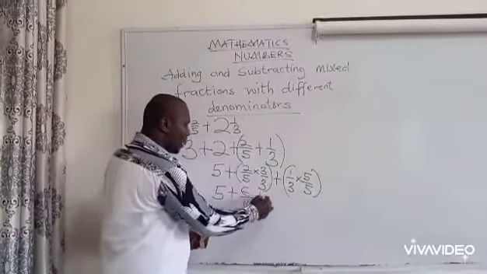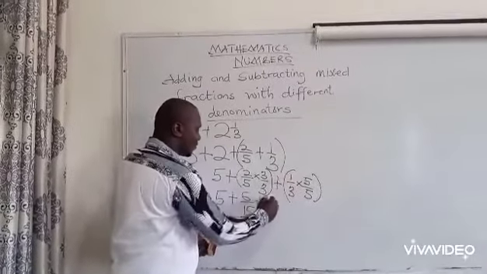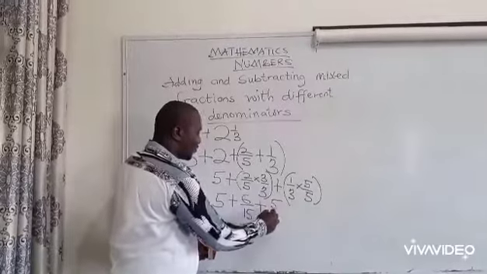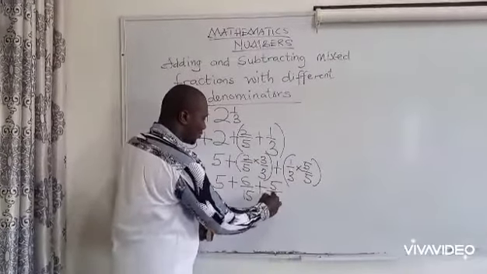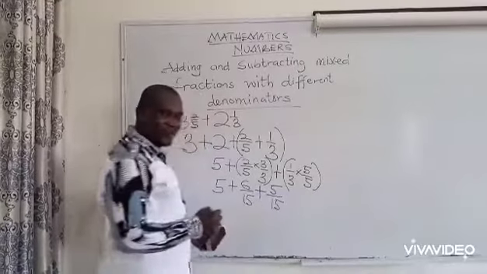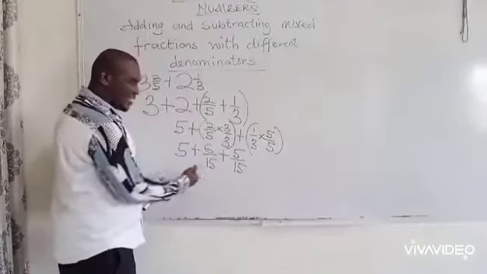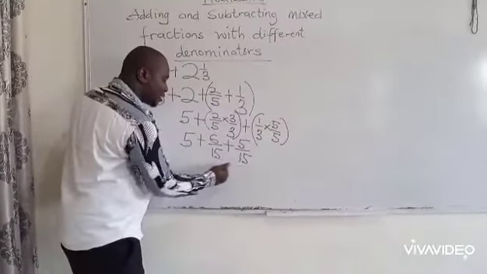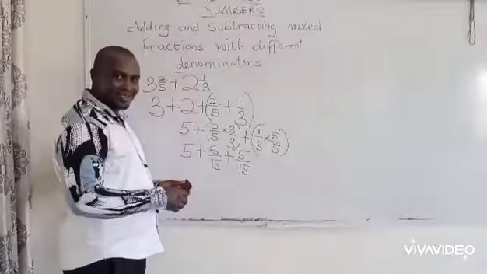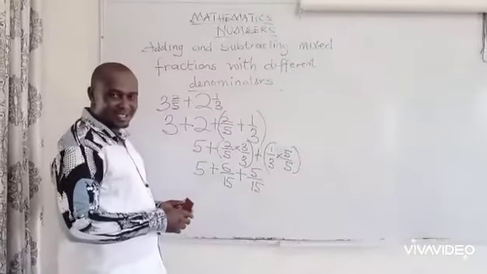Then our plus 1 times 5, which is 5 out of 3 times 5, 15. What can we see over here? We can see that our fractions are with the same denominators of 15. Isn't it interesting? Very interesting.